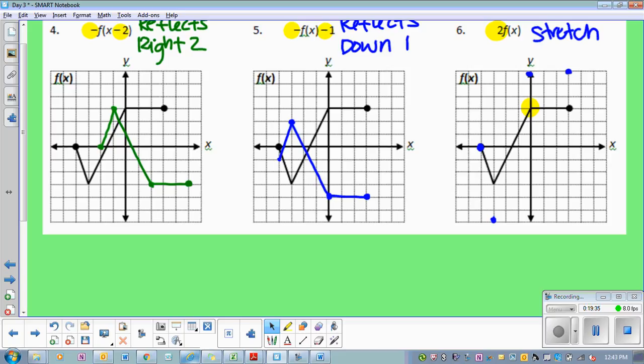And there we go. Okay. Sorry, it's a little bit crooked. So then do you see it? It's stretched, right? It became more narrow. All right. Questions? Okay.